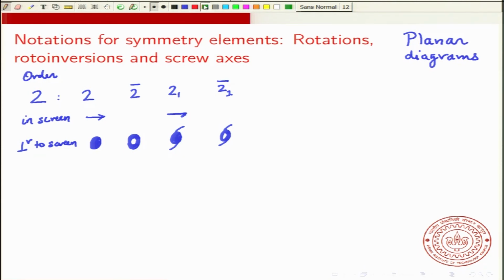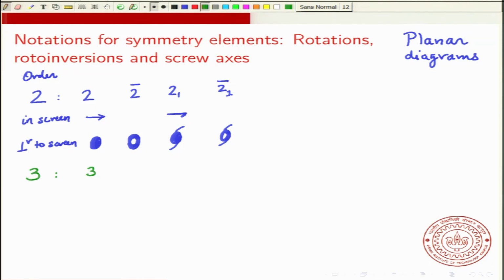Now let's go to a three-fold axis, and I'll use a different color. So if you have a three-fold axis, now there are many more possibilities. You could have a regular three-fold axis, and usually you don't show any three-fold axis that is in the screen.